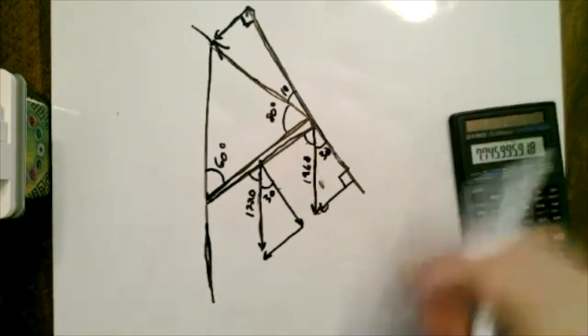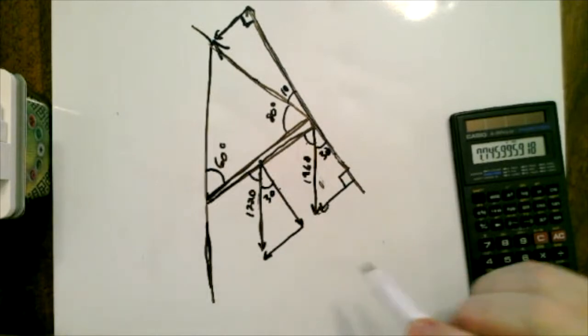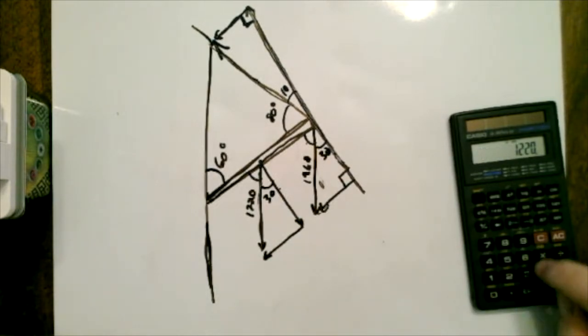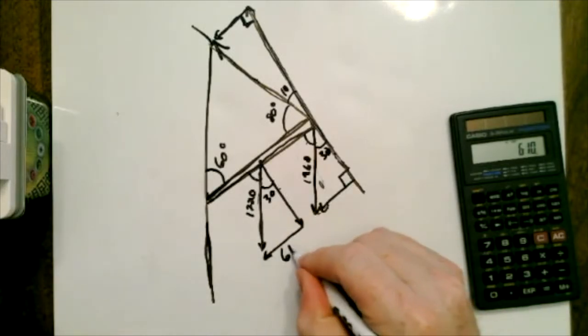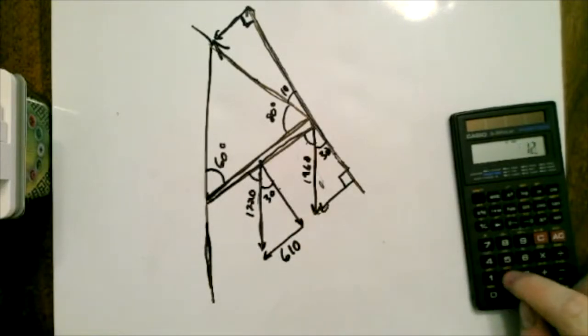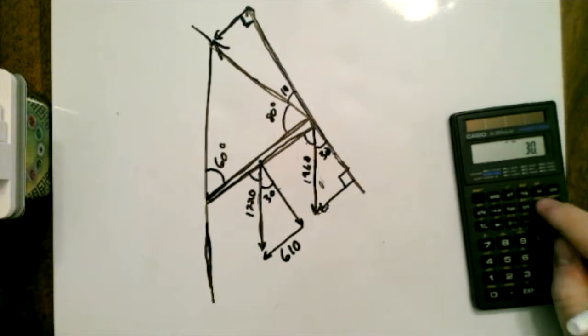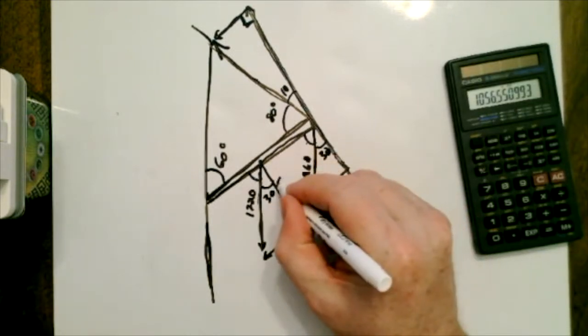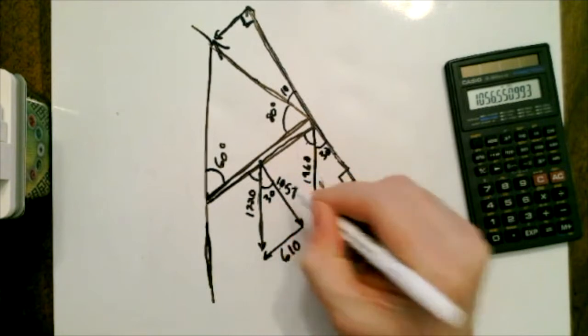So this side down here would be 1220 times the sine of 30, which would actually be half of 1220, so it'd be 610, okay? And then also 1220 times the cosine of 30, and this is 1057.